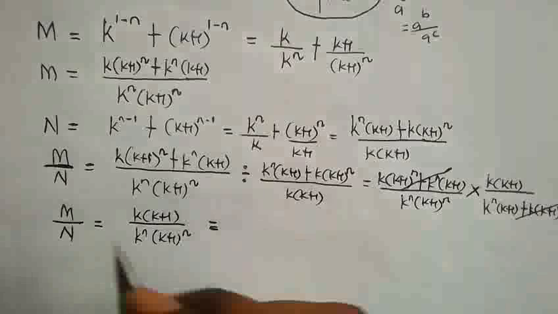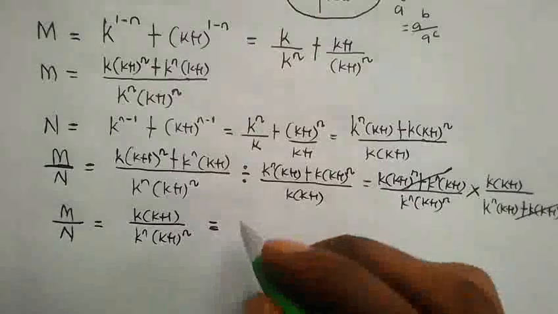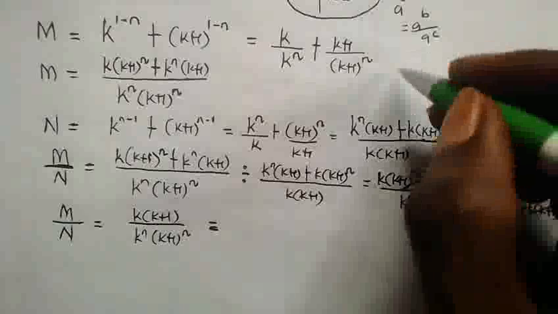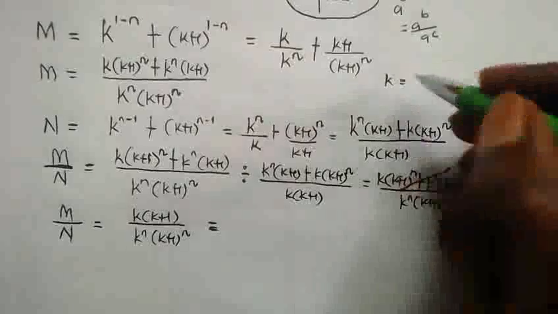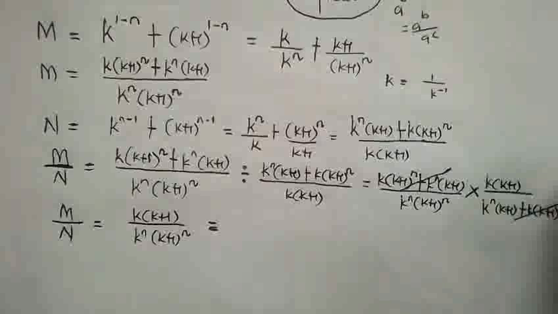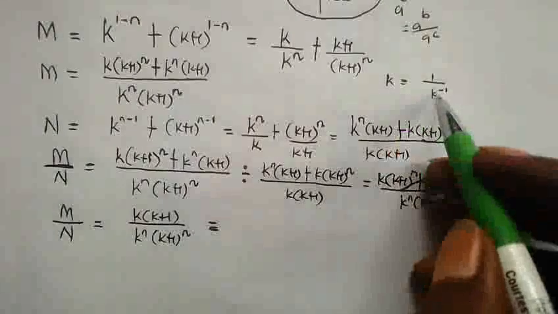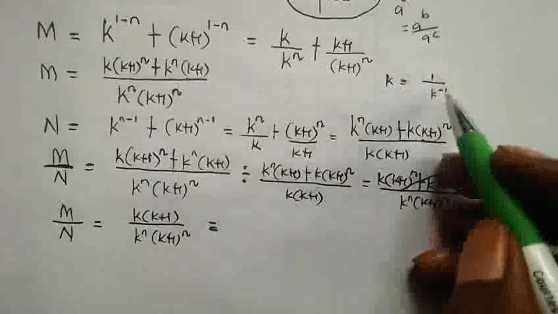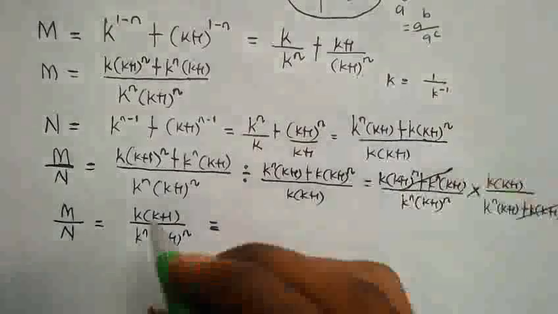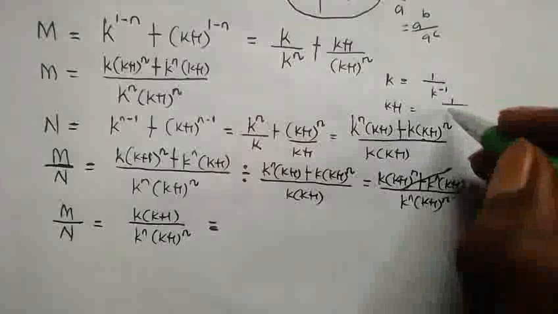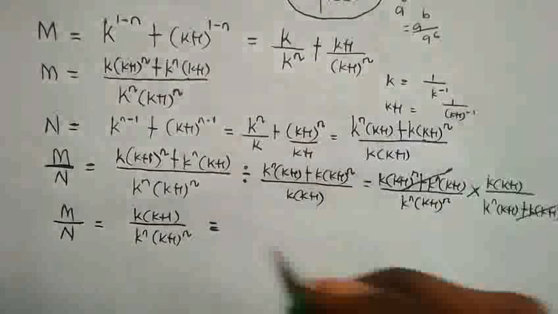So now we're going to rewrite this as follows. This k up there, we can rewrite k as 1 over k raised to the power of negative 1, right? So k can be written in this form, that is, k is equal to 1 all over k raised to the power of negative 1. And right over here, k plus 1 is the same as 1 all over (k plus 1) raised to the power of negative 1.